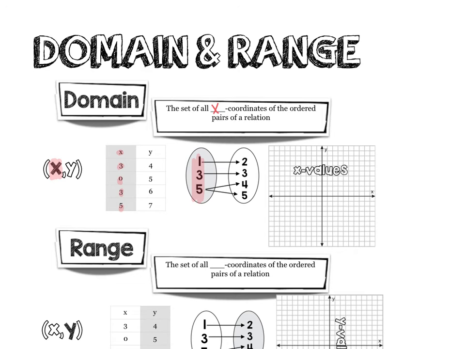And if you're given something like a graph, you're going to list out all the x values, which is the x-axis that comes across here. The x values are what come across on the x-axis. Now the range is going to be the opposite. So the range is the set of all y coordinates of the ordered pairs of a relation.